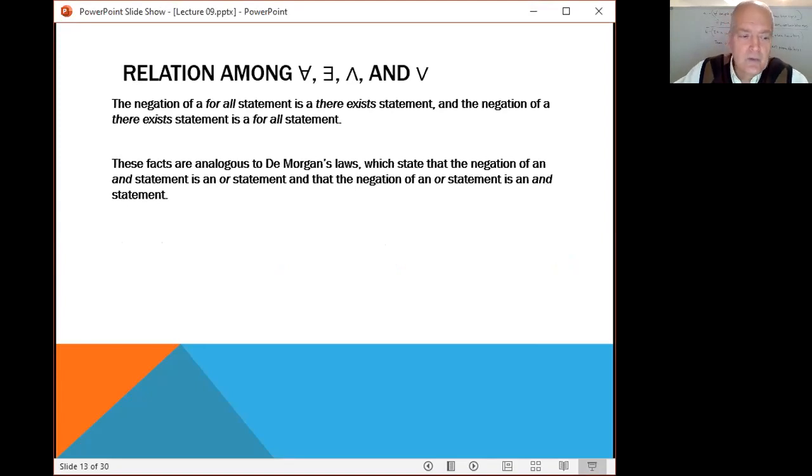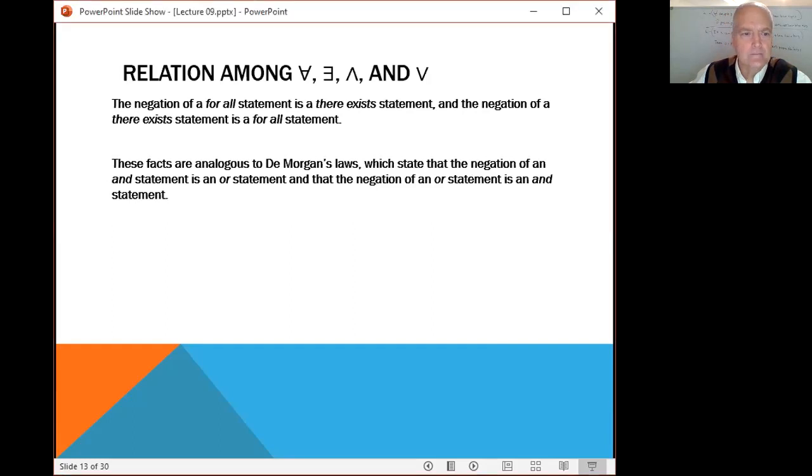This is analogous to De Morgan's theorem, where the negation of an and statement is an or, and the negation of an or statement is an and. And this similarity is not accidental. In a sense, universal statements are generalizations of and statements, and existential statements are generalizations of or statements.